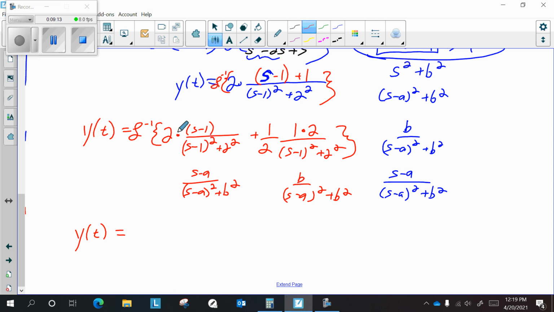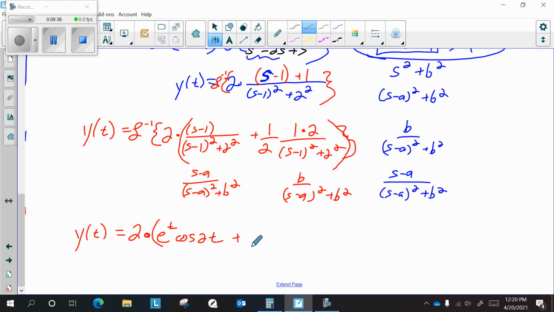We have to be careful here. That 2 is times whatever that changes to. So I need a parenthesis around all of that. So 2 times whatever we change that to. So when we inverse Laplace that, that's e to the at, so e to the 1t times cosine bt.